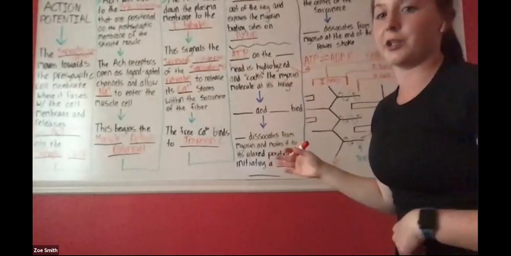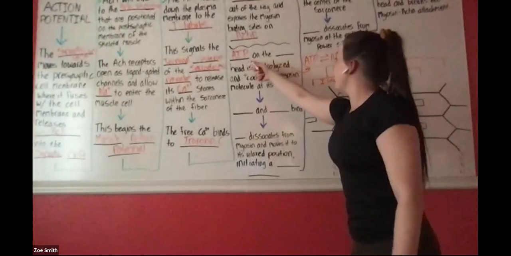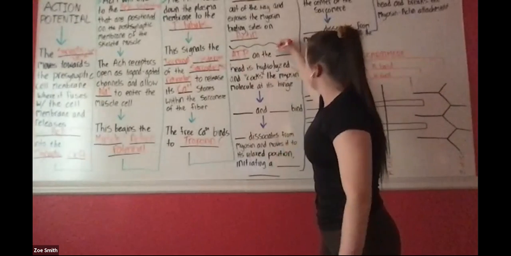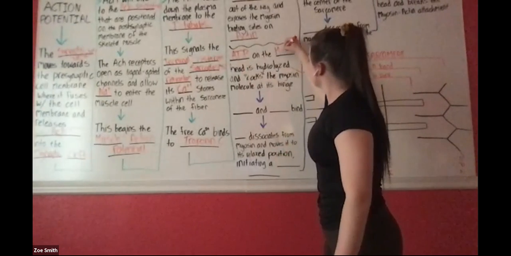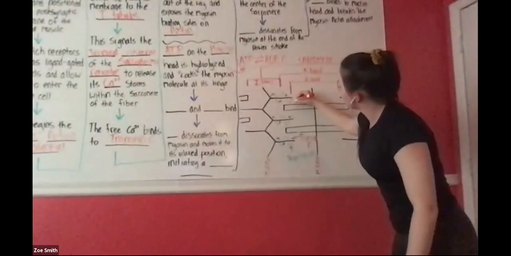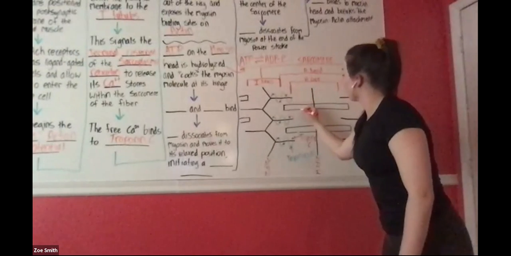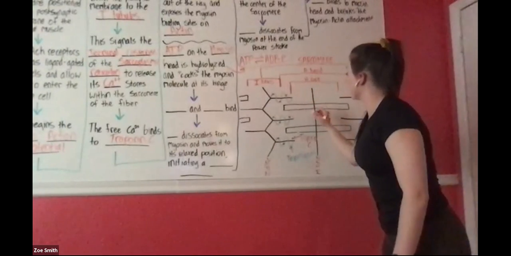It is the energy within our body. ATP on the myosin head. On this myosin protein, there are little heads that come off of it. There's a pretty good picture in your lab manual. I'll point it out when we're done with this.